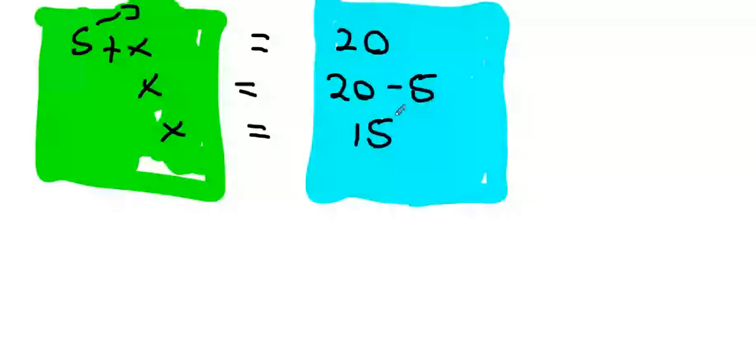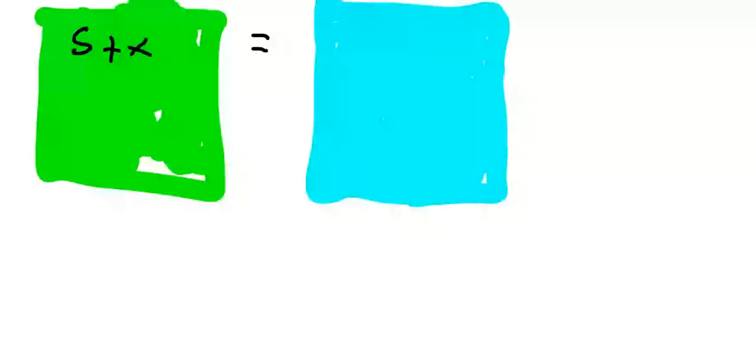Now, the next question. All right, you guys? All right. The next question is slightly different. The next question was not 5 plus x, but it was actually 5x. 5x equals 20. Now, this question looks a lot like the last question, but what's the difference, H? How'd you do this one?